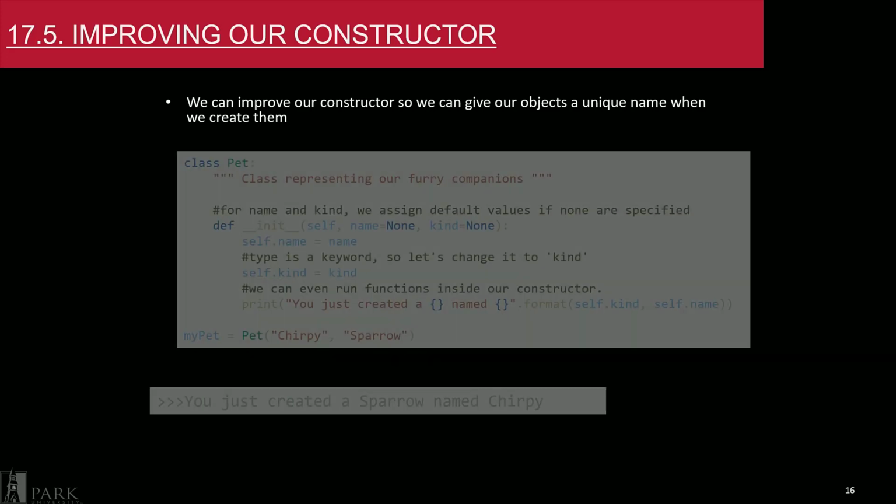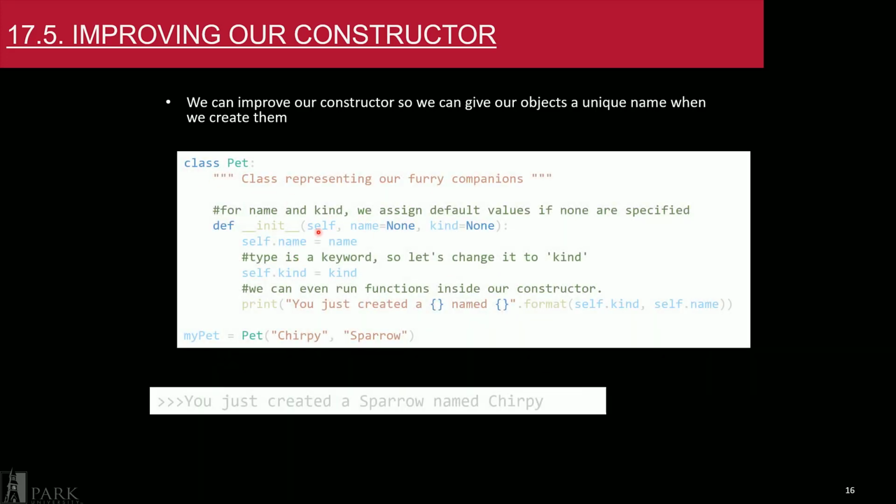So here you can see we've modified this where we are passing in additional parameters. We're saying that there's going to be a variable called name and its default value is none. And we're also changing type to kind because type is a keyword and we can't use it as an attribute like this. So we are passing in name and we're changing our attribute to kind and setting the default value to none.